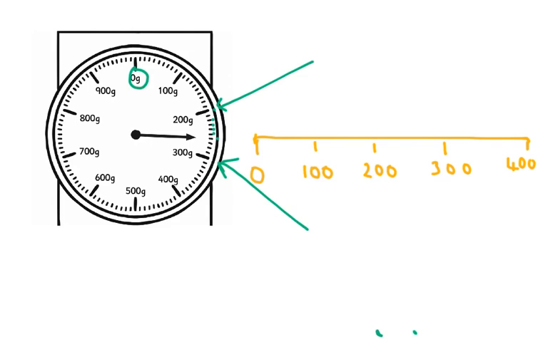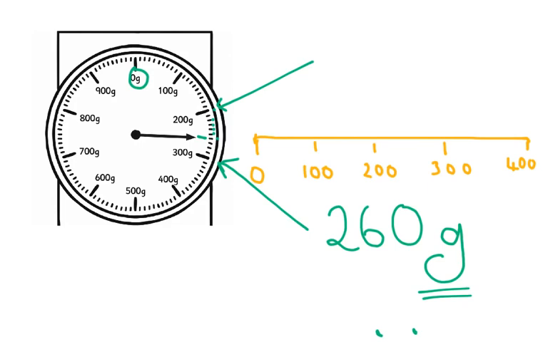And I'm going to stop there because that's where I think my arrow is pointing to. So I know that my scale reads 260 grams, and it's really important that you put that G there to represent your grams.